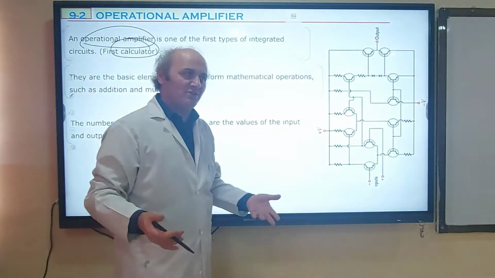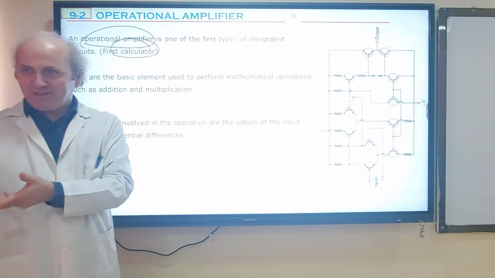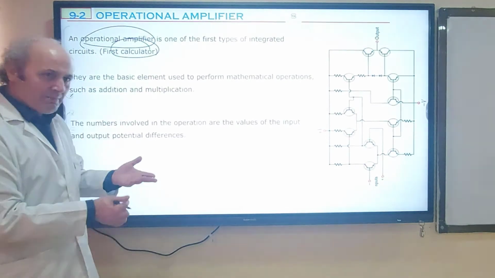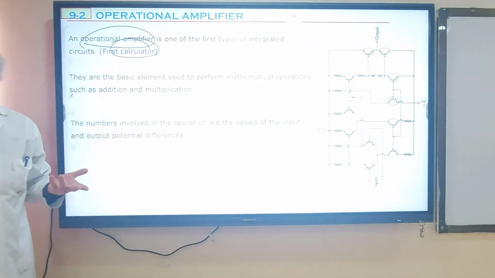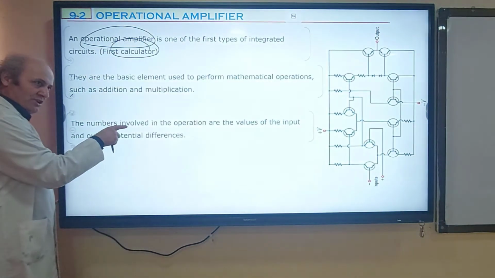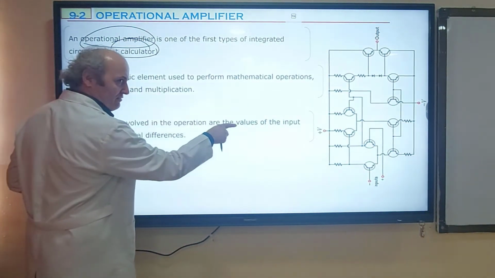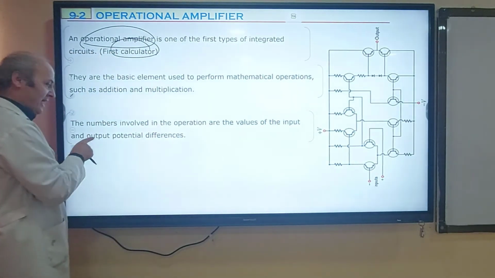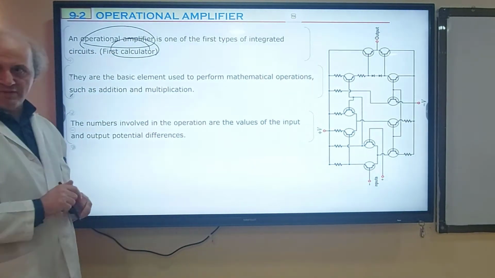How additions, subtractions, or divisions are done by a calculator is, in fact, about the potential difference provided to the transistors. The numbers involved in the operation are the values of input and output potential difference.